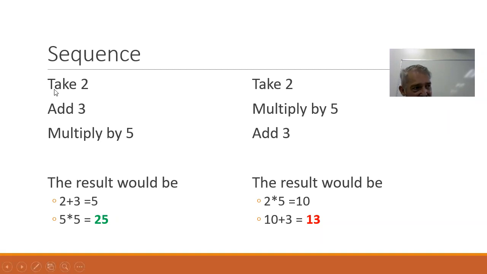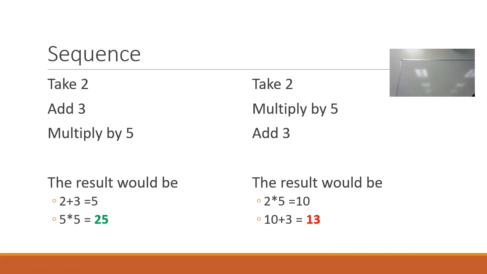All right. Take 2, add 3, multiply by 5. If you take the order as it is given, then you'll get 2 plus 3 is 5, multiplied by 5 is 25. Now, you know BODMAS, right? If you're not setting out the order, we always do multiplication first.